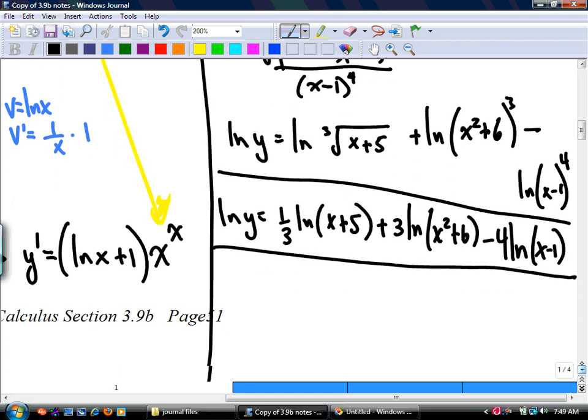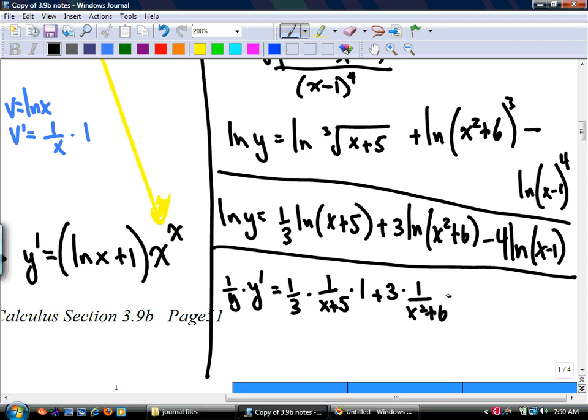Okay, so the process now is exactly the same as the one on the left. 1 over y times y prime, and then you just start taking the derivative of each of the pieces. 1/3 times 1 over x plus 5 times the derivative of x plus 5, 1, plus 3 times 1 over x squared plus 6 times the derivative of x squared plus 6.